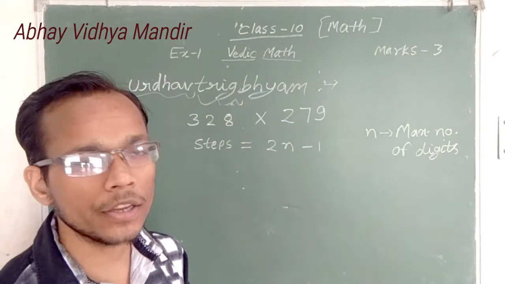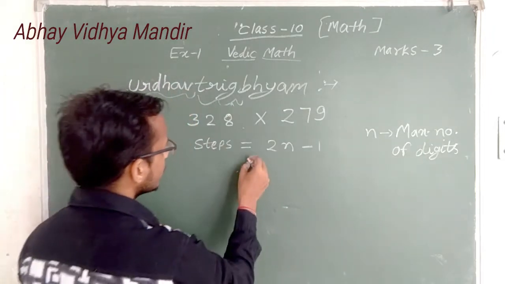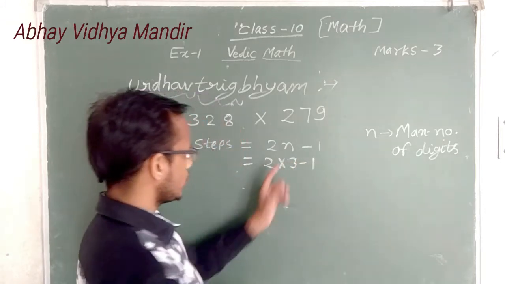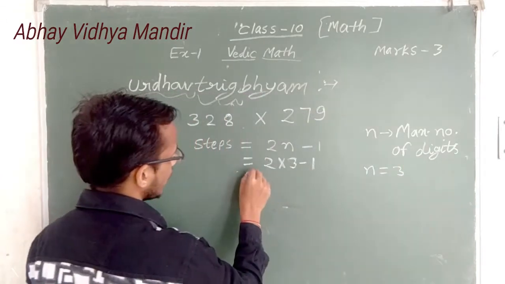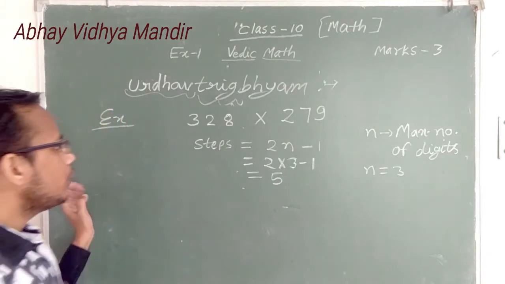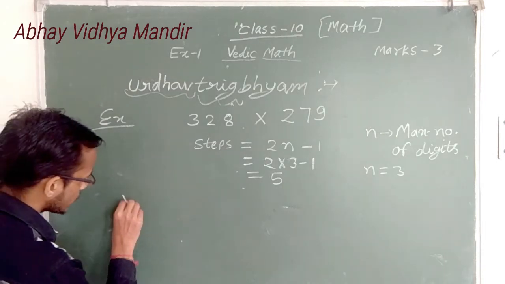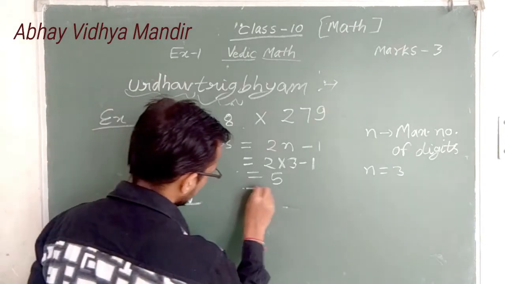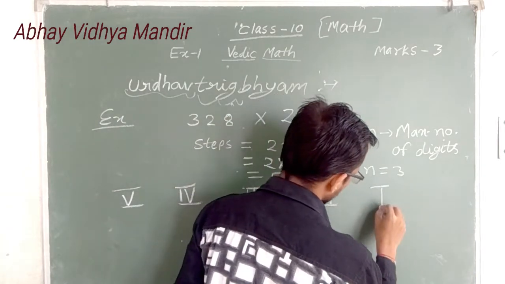So maximum number of digits, n, is 3. Then 2 times 3 minus 1 is 5. Now we are to make 5 steps: fifth, fourth, third, second and first.